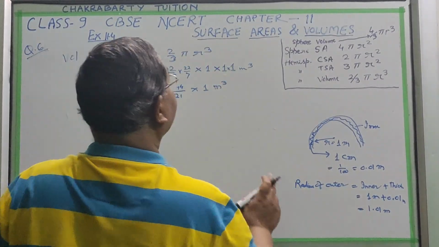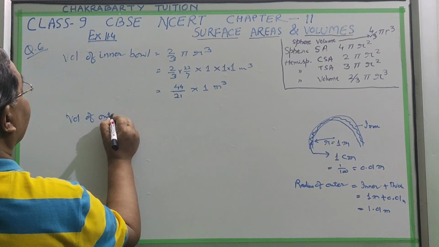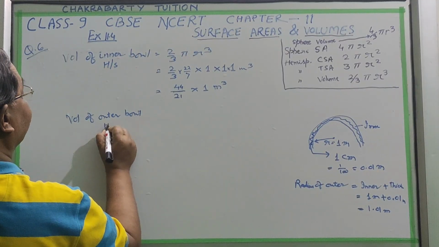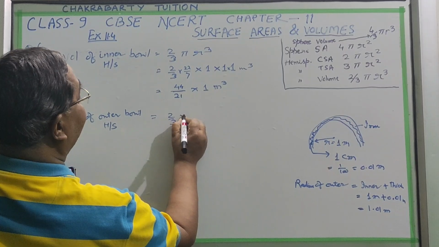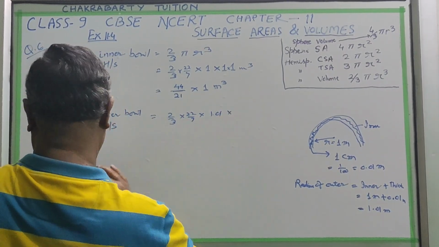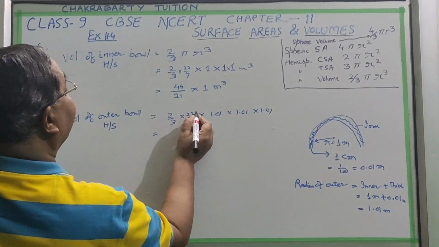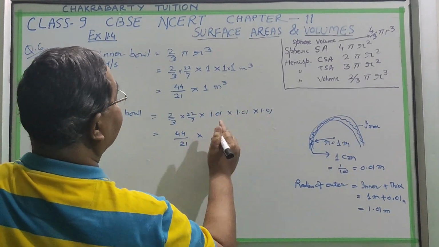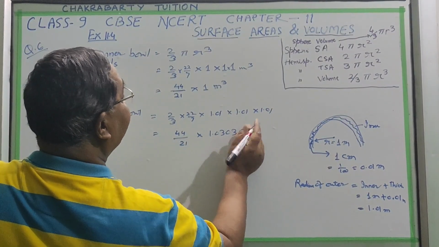Now volume of outer bowl, it is a hemisphere, so equal to 2 by 3 into pi, 22 by 7 into 1.01 into 1.01 into 1.01. Again 44 upon 21 into, and if you multiply it, it comes like this, 1.030301.